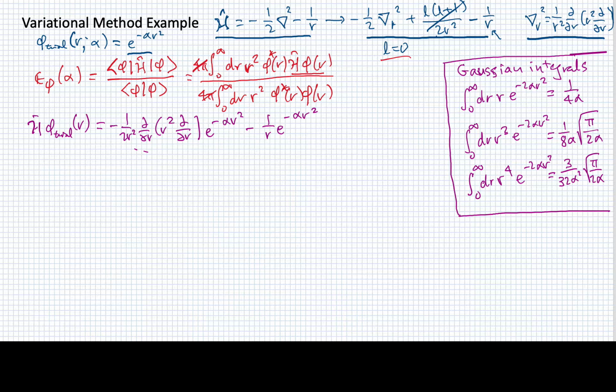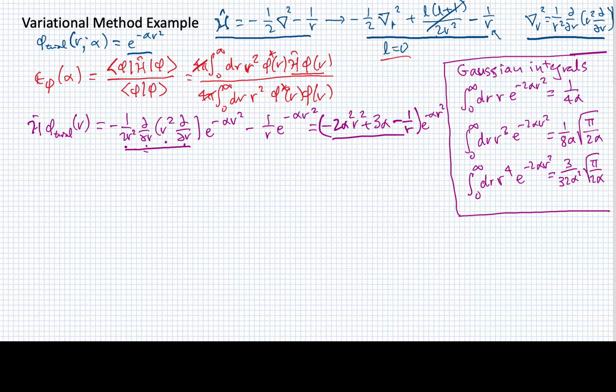When I go through and evaluate this set of operations, derivative, multiply by r squared, take the derivative, divide by r squared, I'm going to get a term that looks like this. It'll be negative 2 alpha squared r squared plus 3 alpha, and then we'll have minus 1 over r, all of these things times our Gaussian function. So this is the result of operating the Hamiltonian on this Gaussian function that we're using as a trial function.